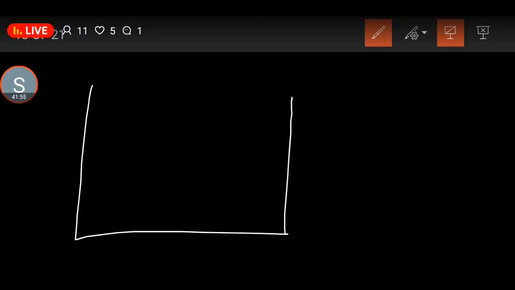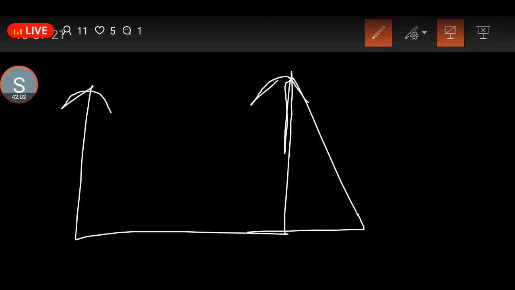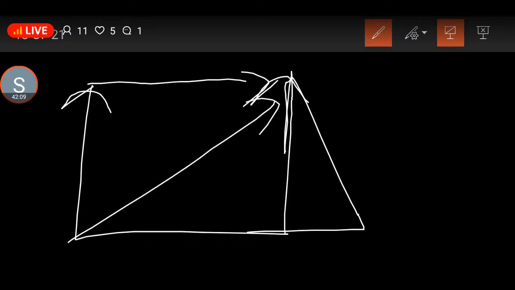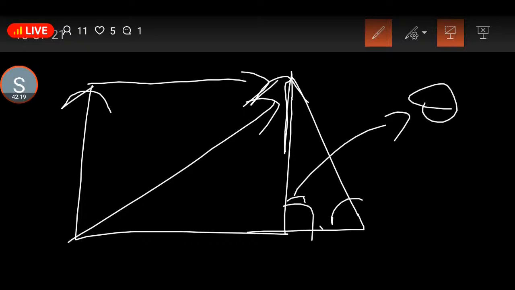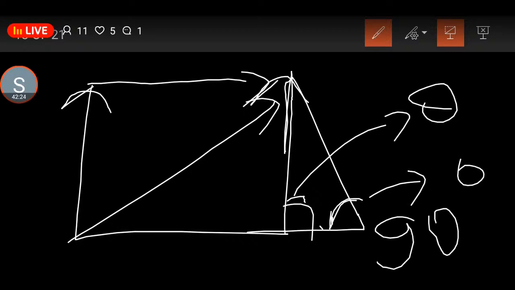And if I draw perpendicular like this, it comes, right? If you move this vector also, it will be same as I said. It's the resultant vector. No, this is not perpendicular. This is theta, and this will be 90 degree. Okay.